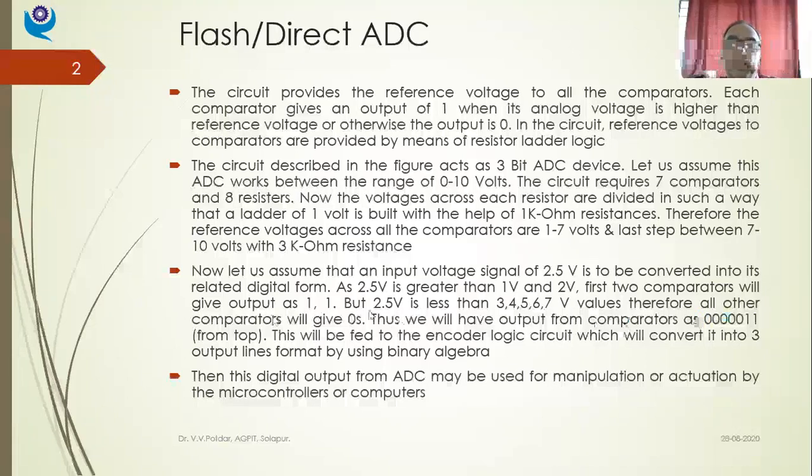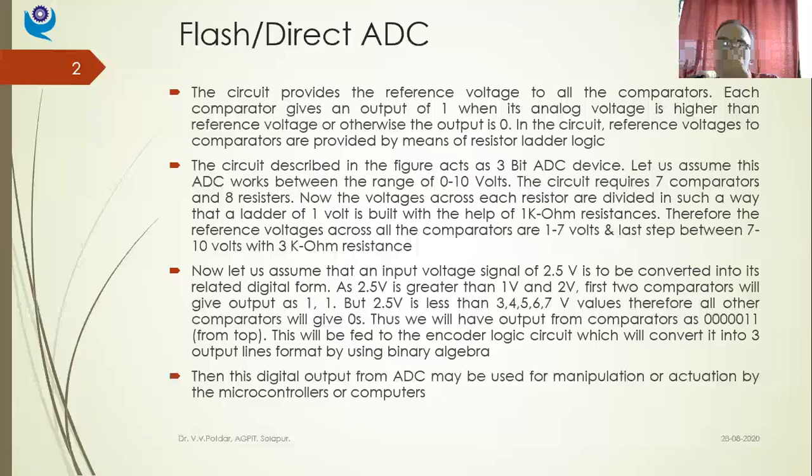Let us resume. Now, let us assume that an input voltage signal of 2.5 volt is to be converted into its related digital form. As 2.5 volts is greater than 1 volt and 2 volt, the first two comparators will give output as 1, 1, starting from the least significant digit.